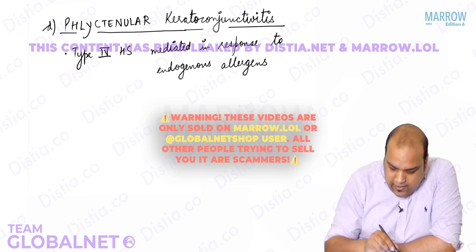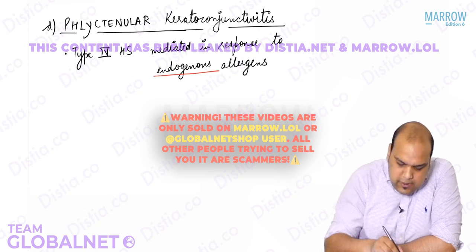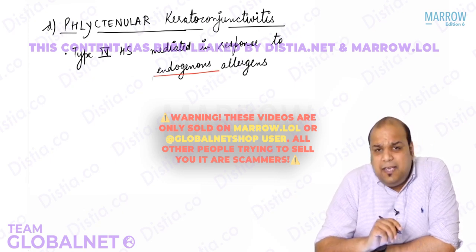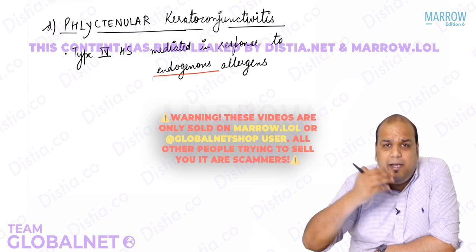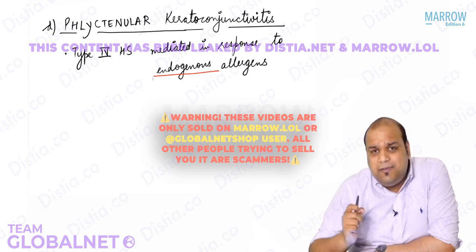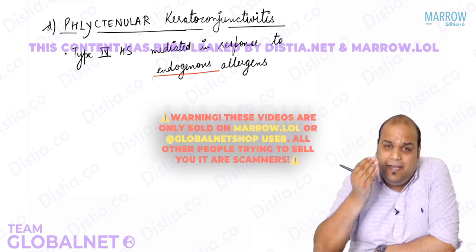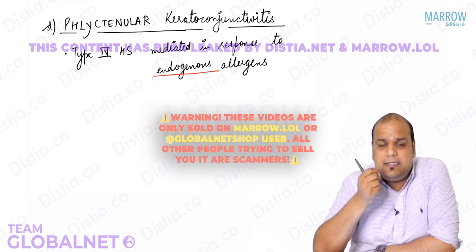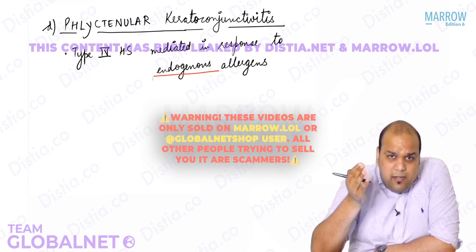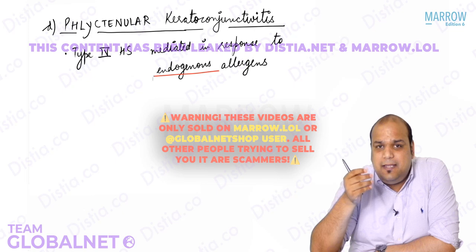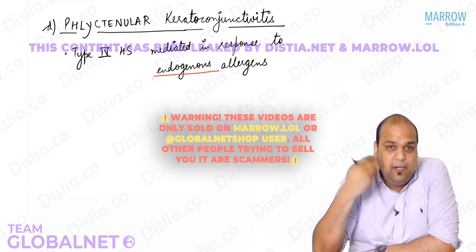I hope you understand why I am emphasizing on the word endogenous. When we talked about VKC, we said it is mediated by pollen and other those factors. When we said giant papillary conjunctivitis, again an external factor like a contact lens or a protruding suture. But in phlyctenular conjunctivitis, there is some kind of disease inside the body, endogenous allergens.